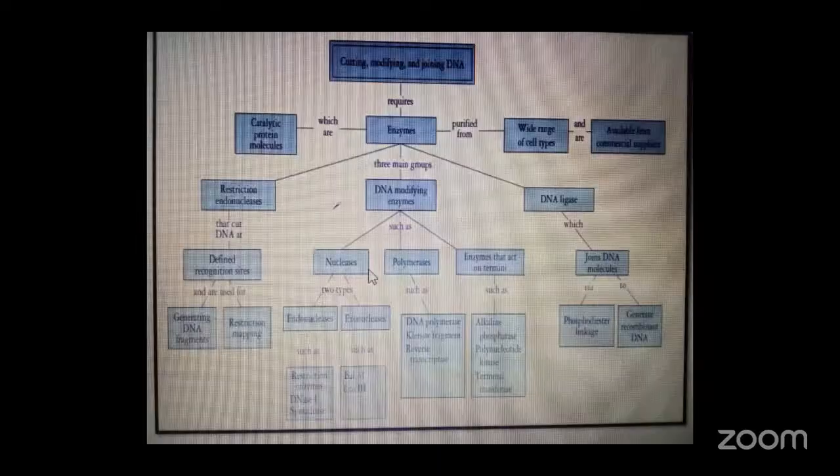Reverse transcriptase is also very important in modifying DNA. It is the RNA dependent DNA polymerase, and therefore produces a DNA strand from an RNA template. It has no associated exonuclease activity.